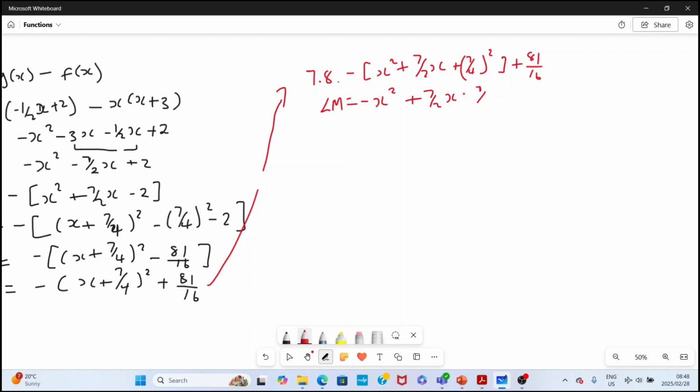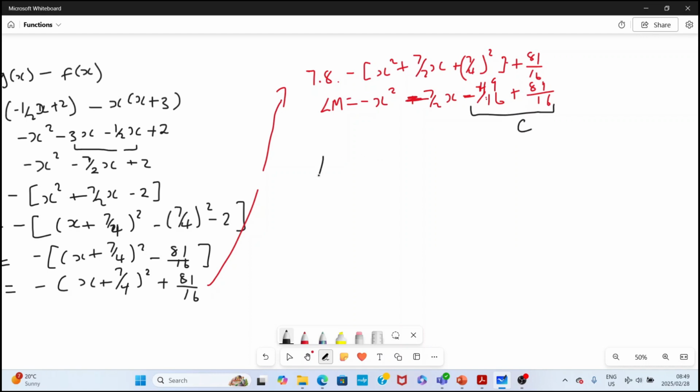That gives us 49 over 16, but it's a negative because we have a minus here and we have a minus here. So it's minus 49 over 16 plus 81 over 16. We don't need to even continue with this for these purposes, but for the exam you can work this out. This is just the constant.